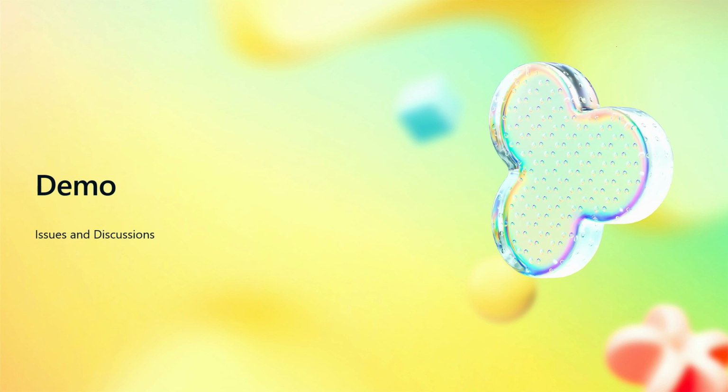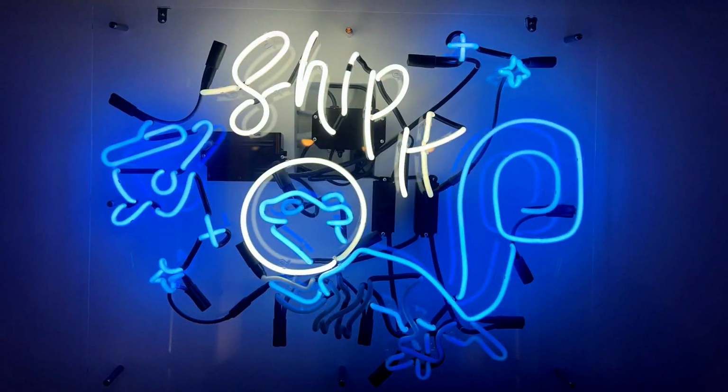So the final thing that I wanted to talk to you about and tell the story of is shipping it. This is actually a neon sign that we have in HQ in San Francisco, and it's the chipmunk squirrel, if you're familiar. So how do we ship things here at GitHub?